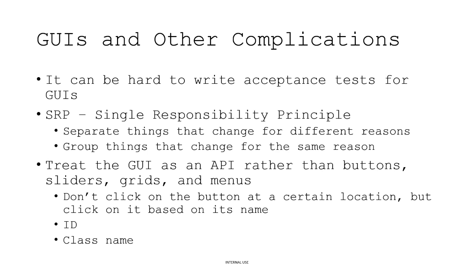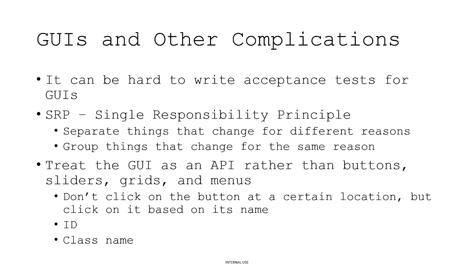So oftentimes you want to treat the GUI as an API rather than buttons, sliders, grids, menus, divs, tables, all that stuff. Like I said earlier, you don't want to click on the button at a certain location, X and Y coordinate, but maybe you want to click on it based on its name or its ID or its class name, things that aren't really going to change.